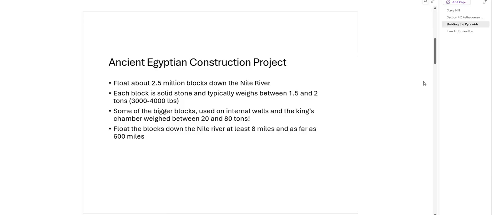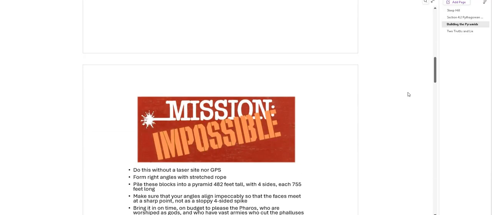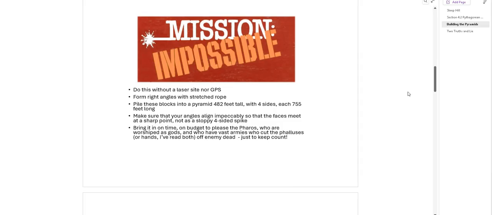You're being asked to float about 2.5 million 2-ton blocks down the Nile River, and some of them are going to be 20 to 80 tons, which is like 160,000 pounds. Float them at least 8 miles, maybe 600 miles, depending on what quarry you have to use, depending on what stone you have. You're going to do this without a laser sight.